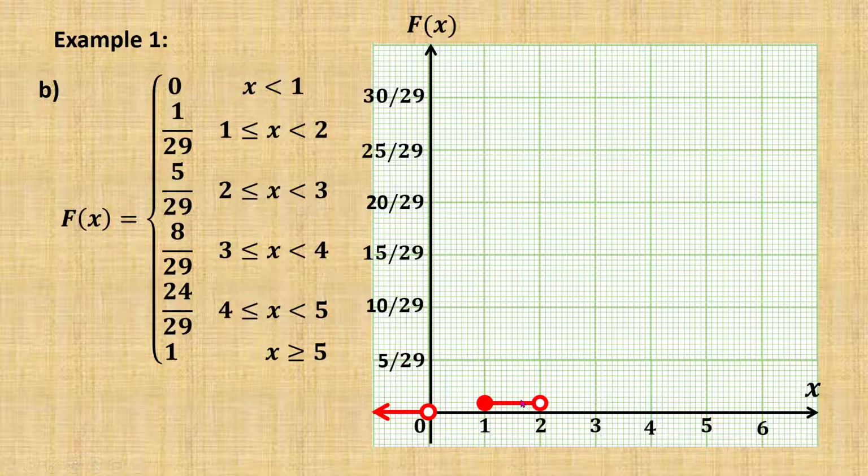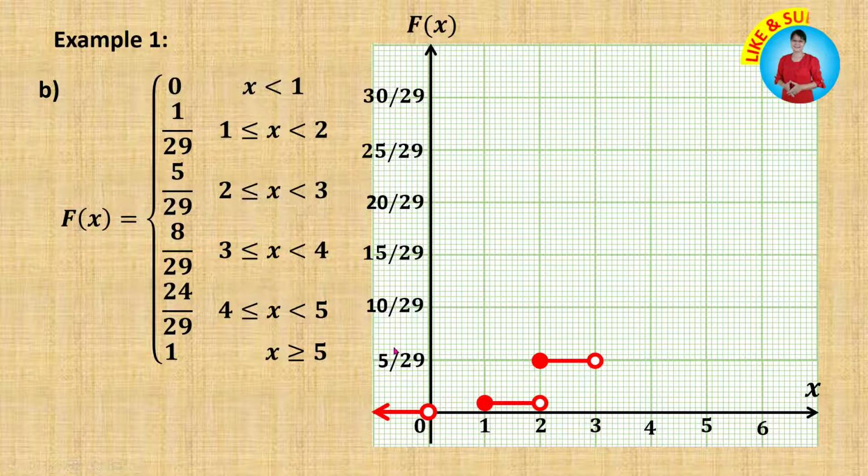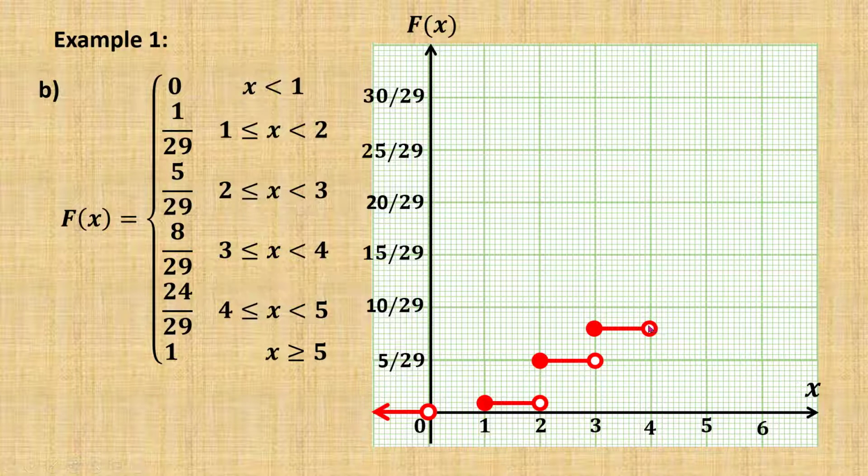And when x is in the interval 2 to 3, including 2 but not including 3, the cumulative probability is 5 over 29. When x is in the interval 3 to 4, including 3 but not including 4, the cumulative probability is 8 over 29.